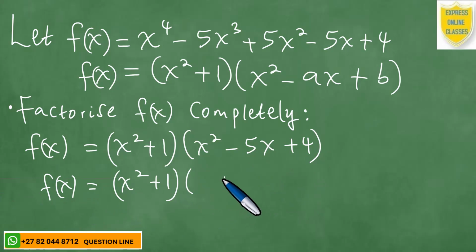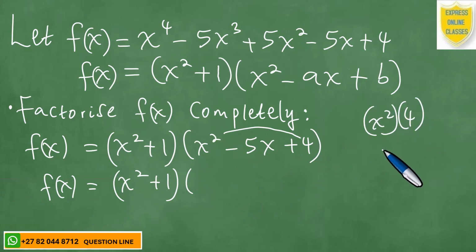Now to factorize this, we multiply x squared with the 4, which is 4x squared. If this is 4x squared, we look for two linear factors whose sum is minus 5x, yet the product is 4x squared.